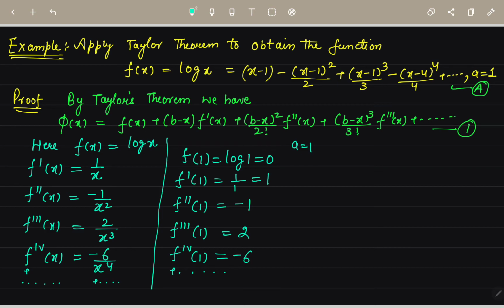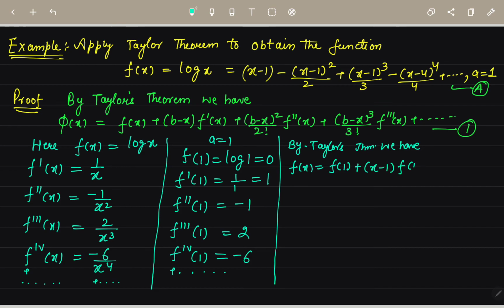So by Taylor's theorem we have f of x equal to f of 1, because a is 1, so I am writing in this form. Then x minus 1 times f dash at 1. Instead of a, I am taking the interval 1 and x.